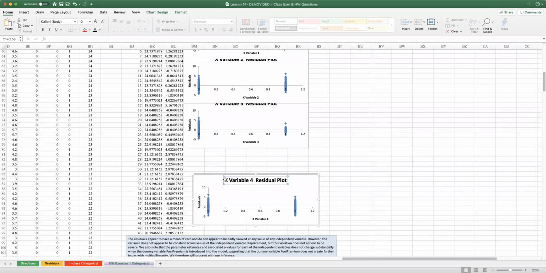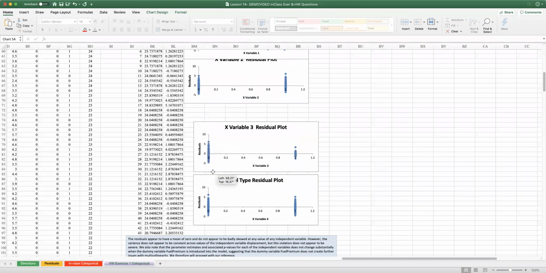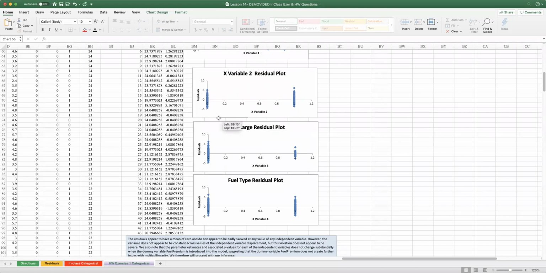Okay, so this is fuel type. This is class large. This is class midsize.